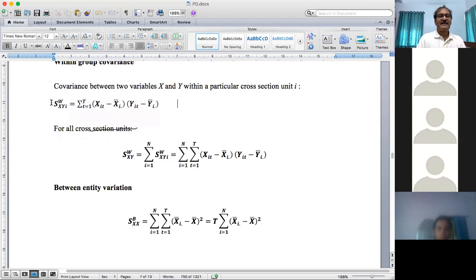Taking the sum of this element is equivalent to taking the sum of this element twice. So ultimately we have to take the sum of x_it minus x bar_i dot into y_it minus y bar_i dot to get the covariance component for the sample as a whole.